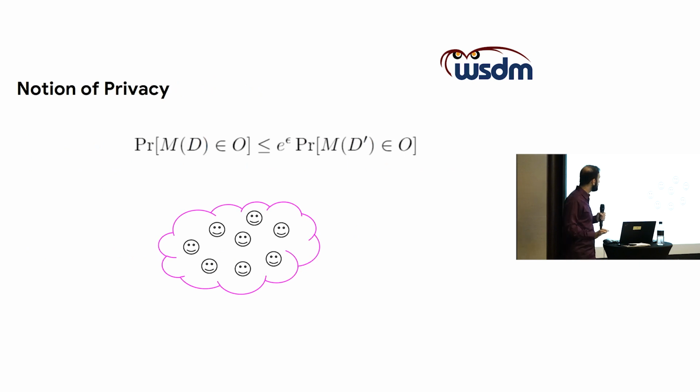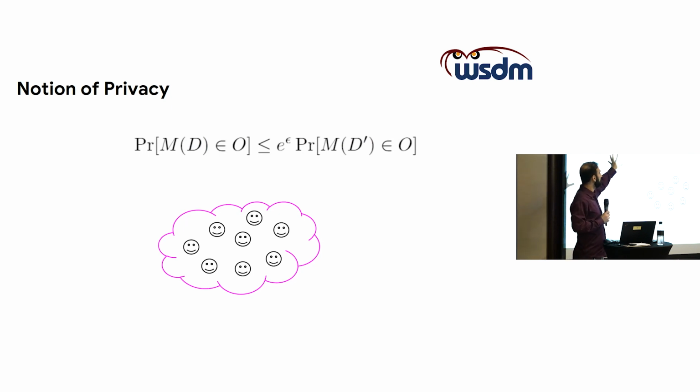So what's the exact definition of differential privacy? Say D is a data set. We say M of D is the output of our mechanism on D, so it's the private version of D, or the output of our algorithm for D, which is supposed to be private.